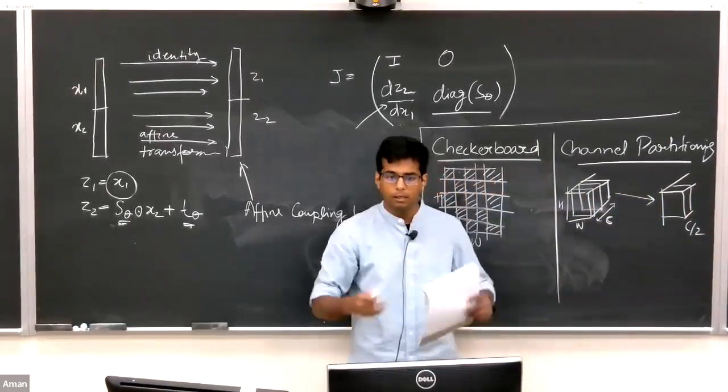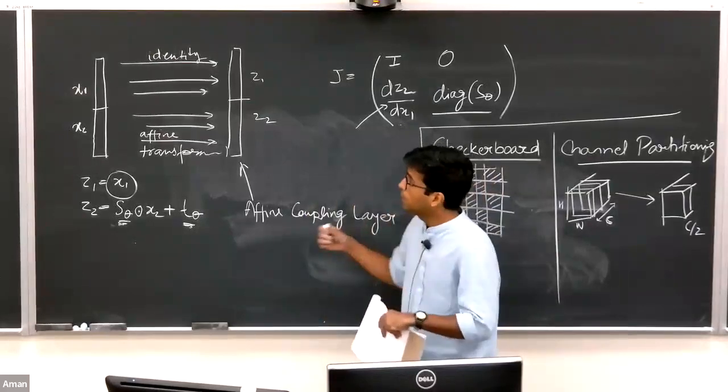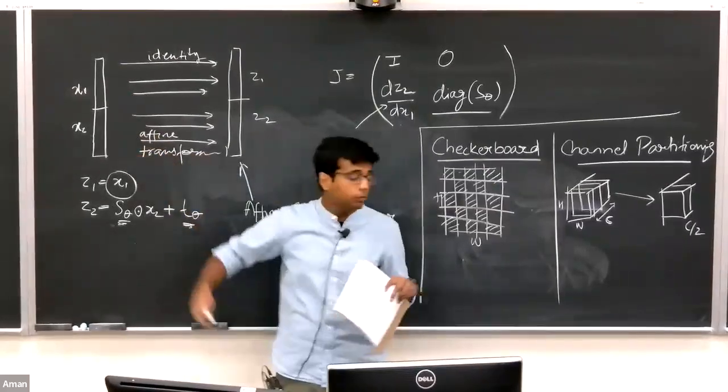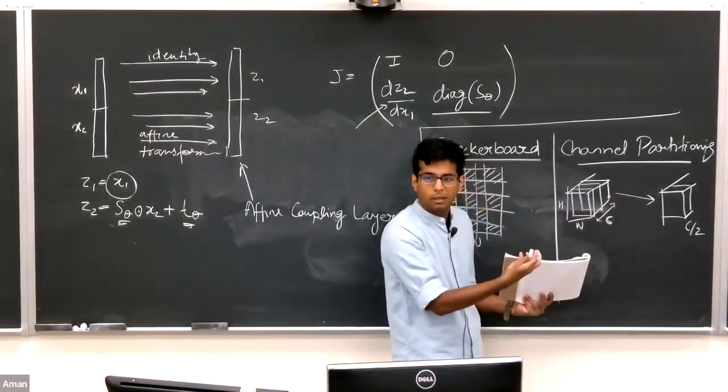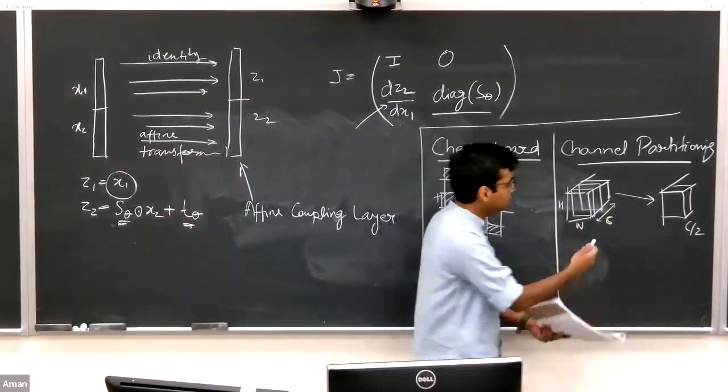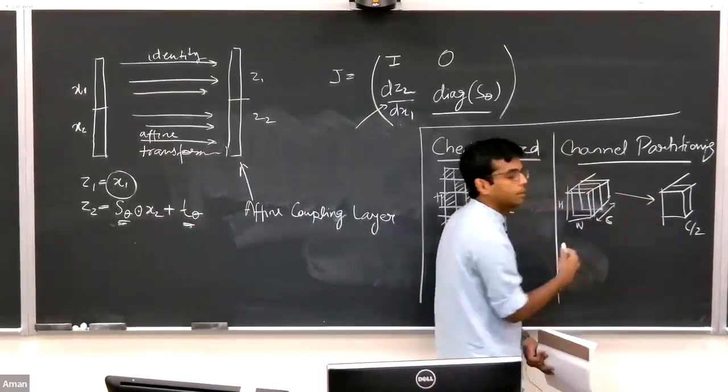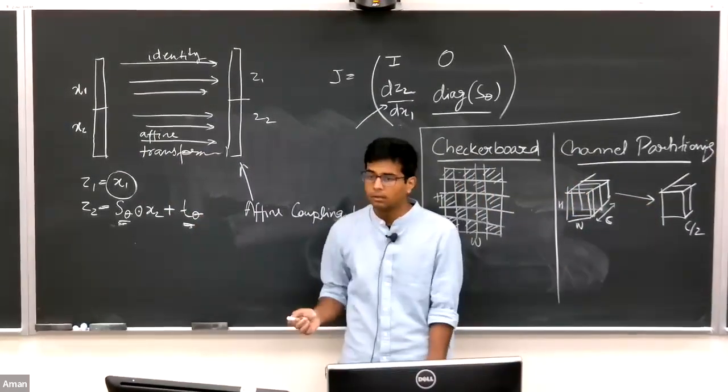Instead of copying data in a checkerboard pattern or just the first half, you copy alternate channels. So half the channels in the transformation are exactly copied, and the other half are transformed like that, right?